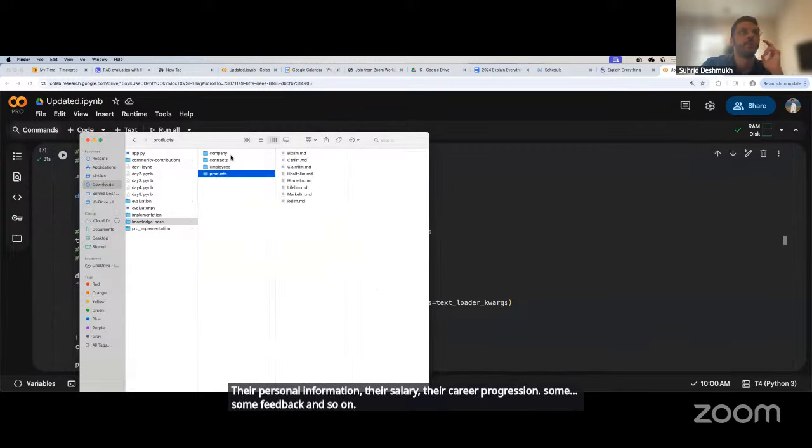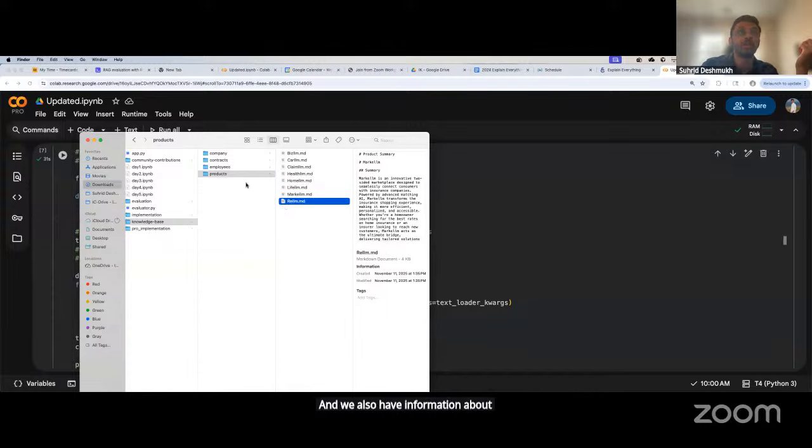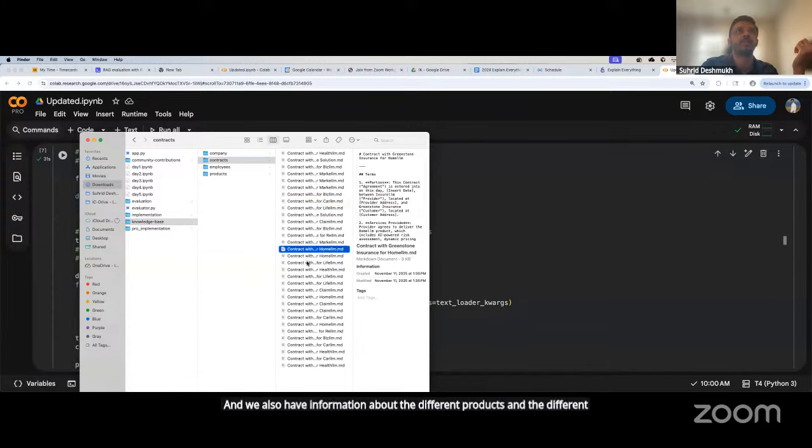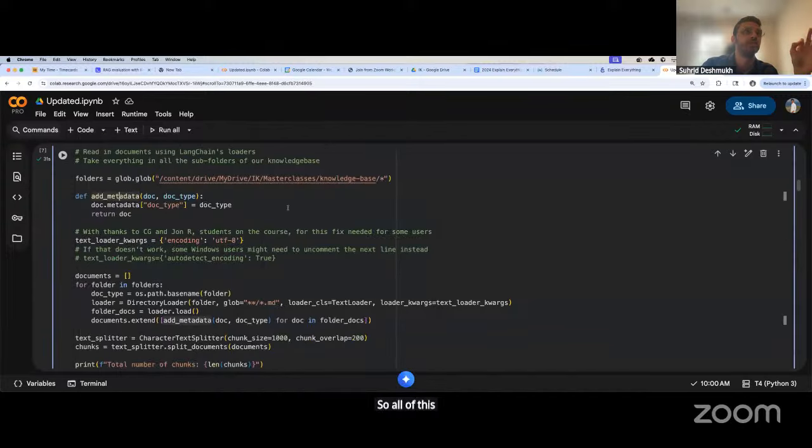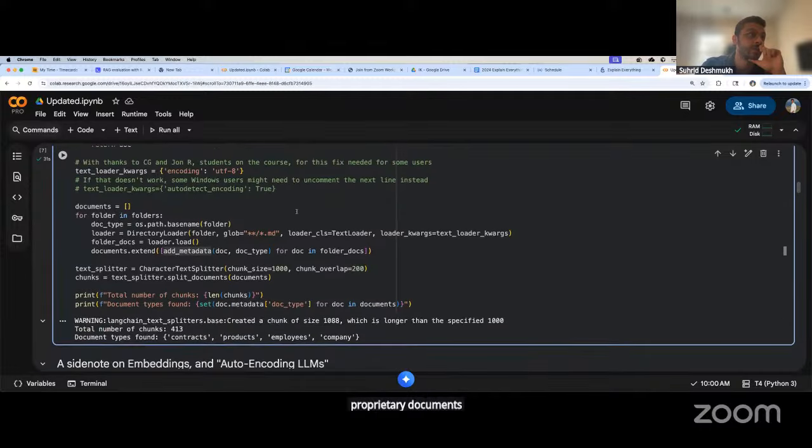And we also have information about the different products and the different contracts that our company has. So all of this information is stored in our proprietary documents associated with our company.